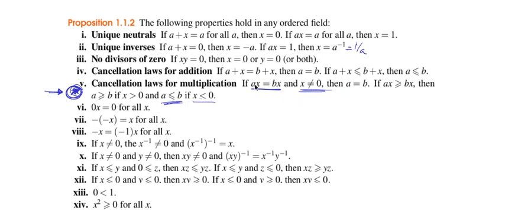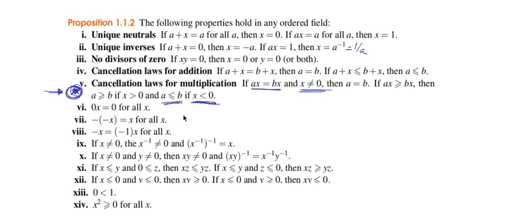If you have anything multiplying by 0, you have to be very careful with that. But if x is different than 0, then you can cancel it out. And when you have inequalities, when you cancel them out, you have to be careful about the sign of the number that you're canceling out. If the number is negative, then the direction of the inequality will change. That's super important, and people always fail in exams because of these things.